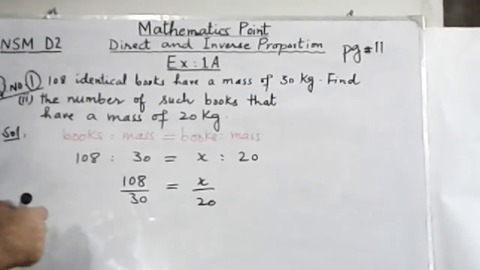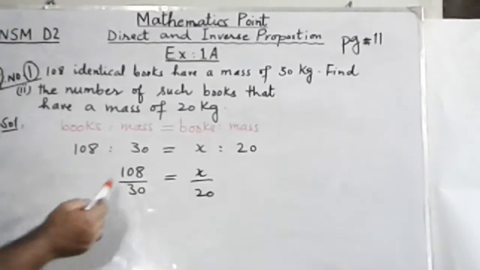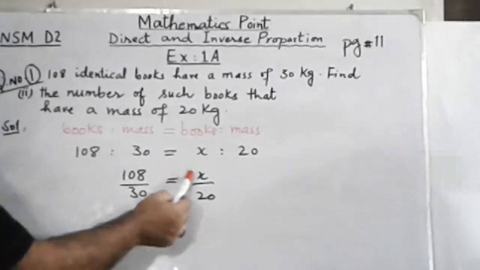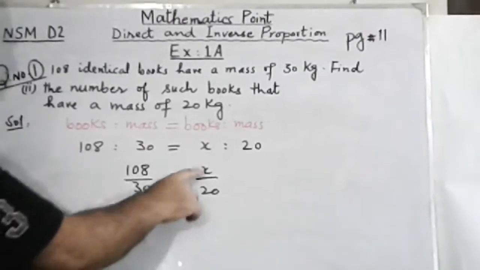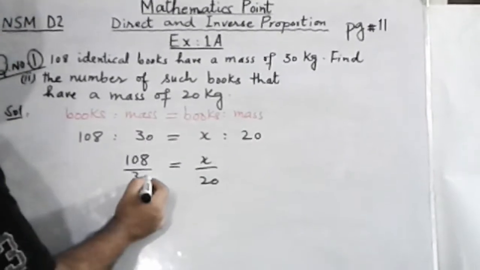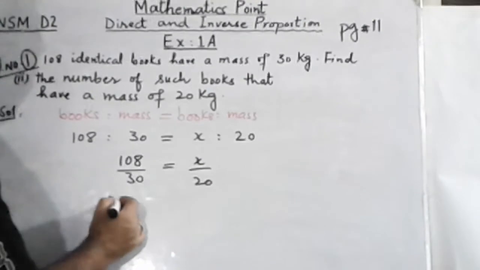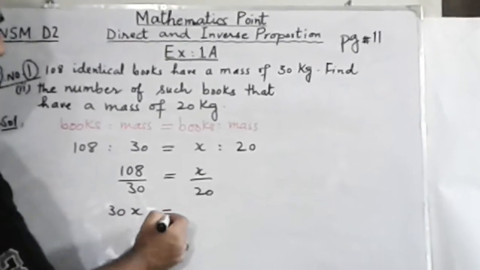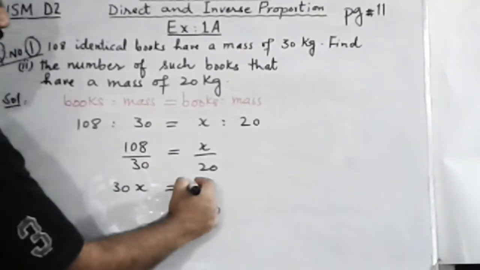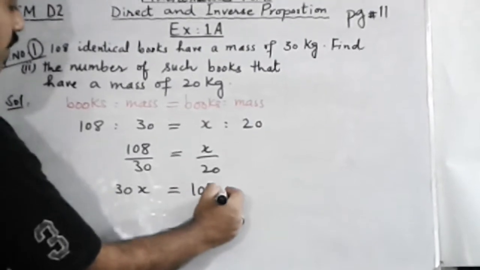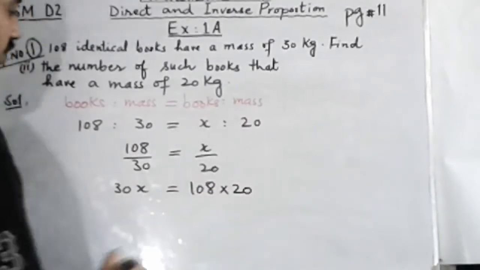Now cross multiply: 108 into 20 and 30 into x. So first we write 30 into x. When we multiply 30 into x, we get 30x. That is equal to 108 multiplied by 20.